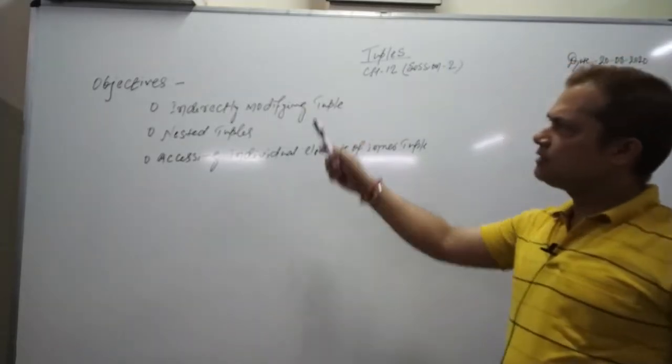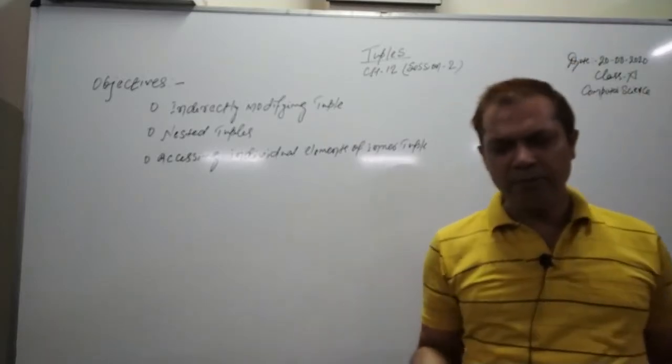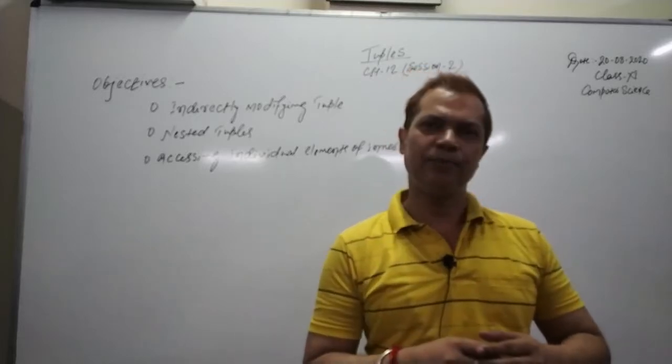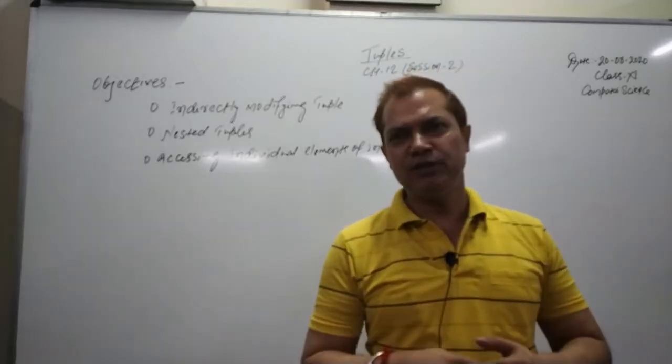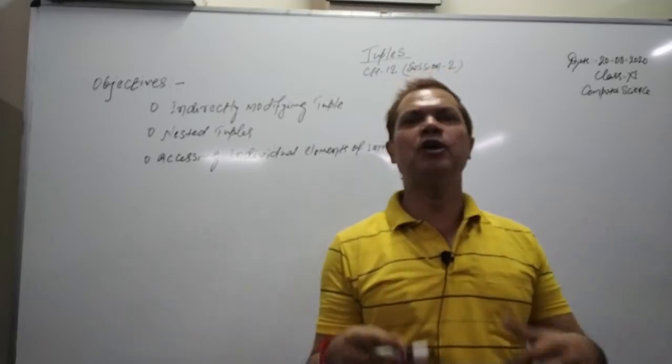As far as modifying a tuple indirectly is concerned, you must keep in mind that a tuple will never allow you to change an individual element directly, because tuple is immutable. So you cannot say tuple of 0 equal to 50 or tuple of 1 equal to 30.